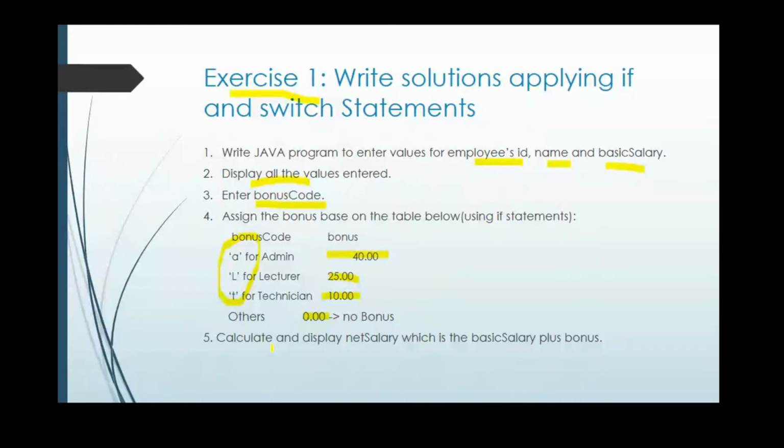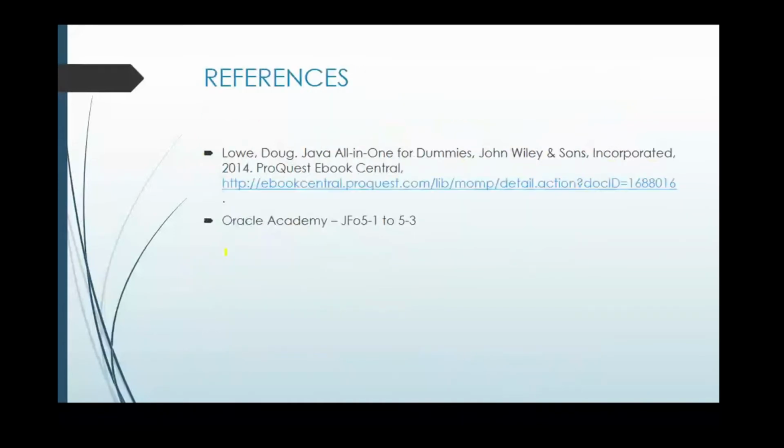So if you have already your program with integer data type, you can easily translate this using switch statement. Our previous activity was applying if statement. On this given example, you will apply switch statement and also character data type. Any question on this? So let's try.